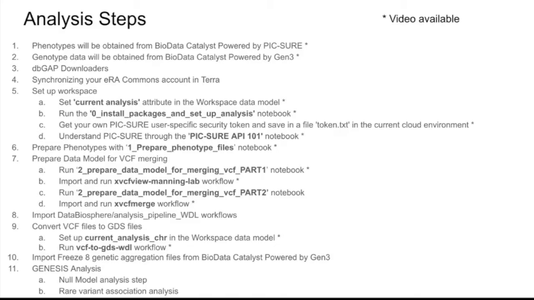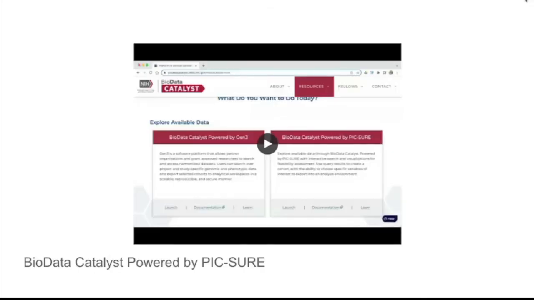What I have to share with you is a video of me going through the steps in BioData Catalyst. I will narrate and I'll pause at the end and ask if there are any questions and we can have a short discussion. So let's get this video started.